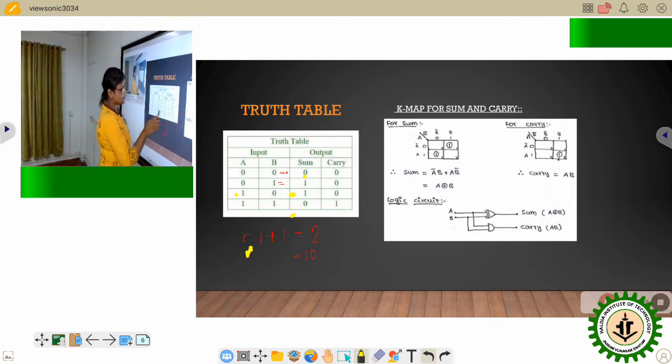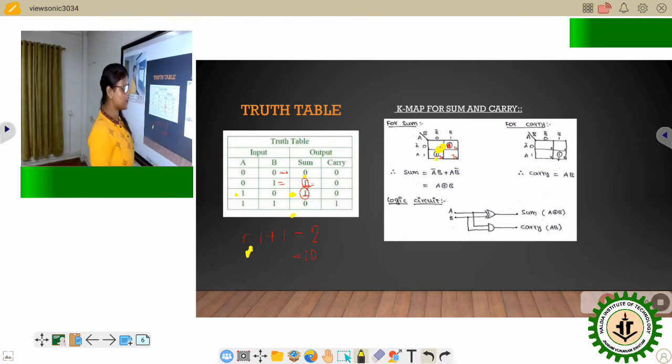In case of sum, we get 1 in place of 1 and in place of 2, in the cells numbered 0, 1, 2 and 3. These ones are arranged in a diagonal pattern.